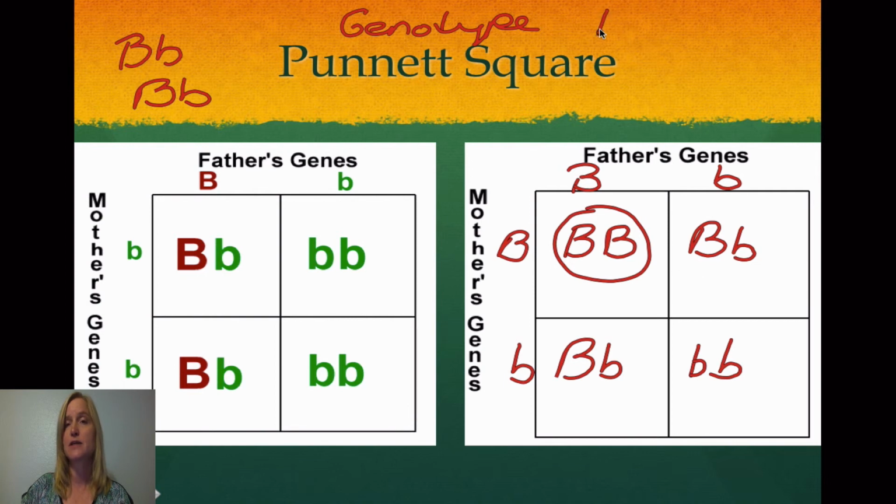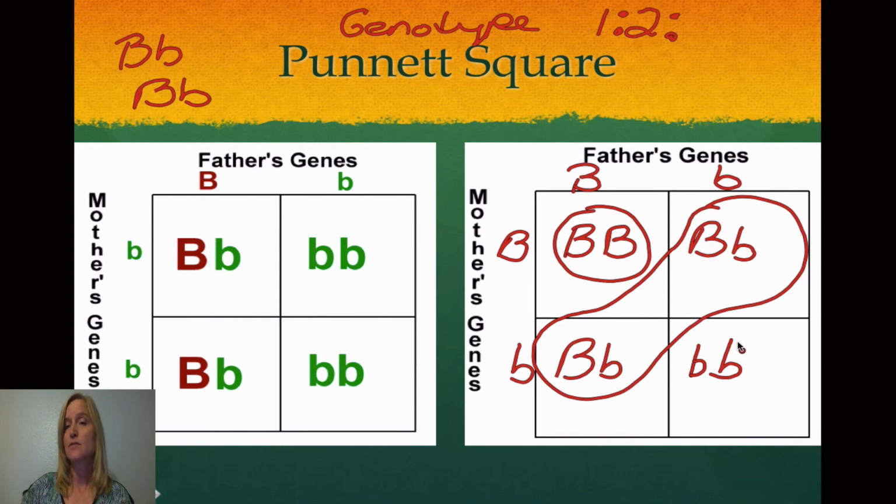So that's going to be a part of our ratio. We have the heterozygous dominant, and that is in 2 of the boxes. And so that's going to be the next part of our ratio. Then we also have a homozygous recessive here, and that's in 1 box. So our genotype ratio is 1 to 2 to 1.